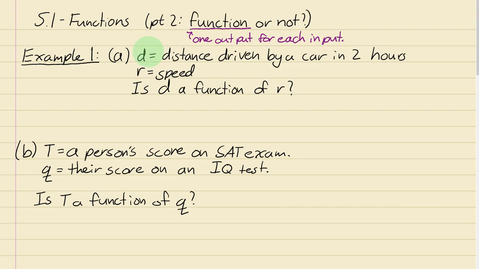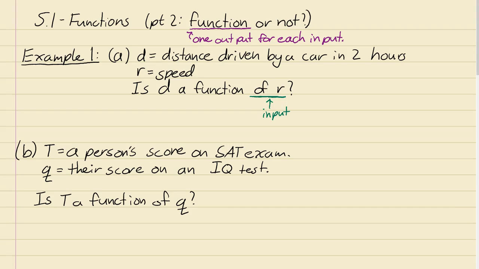Let's say d is the distance driven by a car in 2 hours when that car is going at a speed r. And the question is, is d a function of r? So remember, the word "of" means that r is the input here.